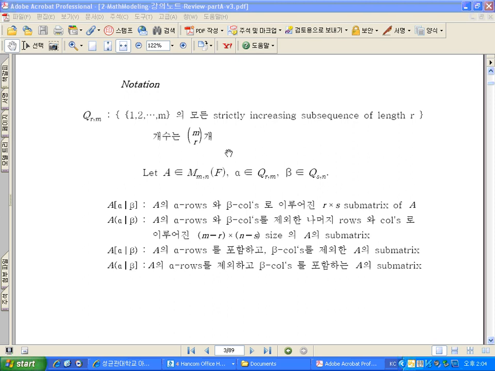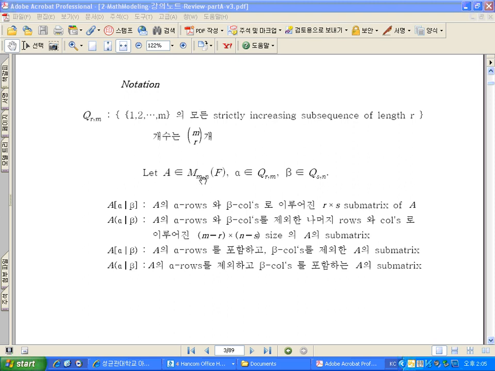Suppose alpha is an element in Q_{r,m}, and beta is an element in Q_{s,n}. Then we can define the following things.